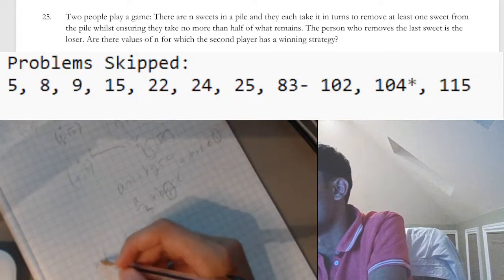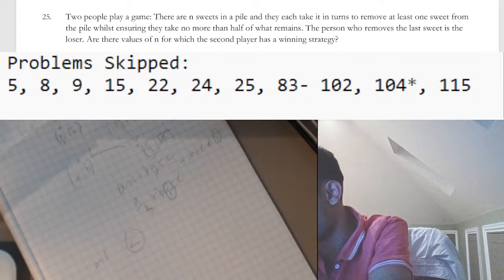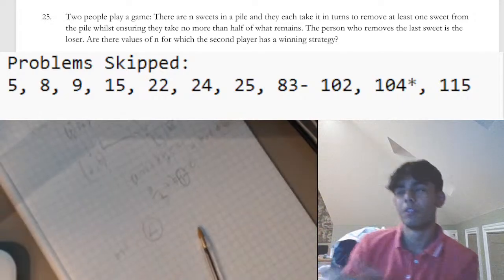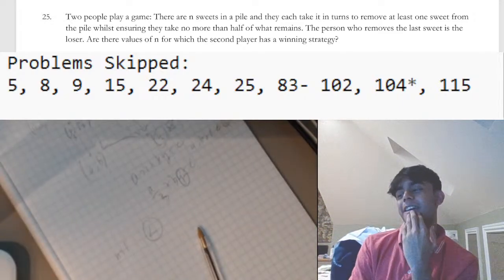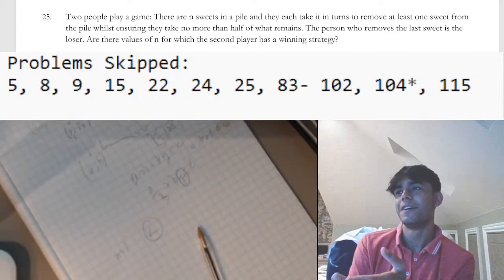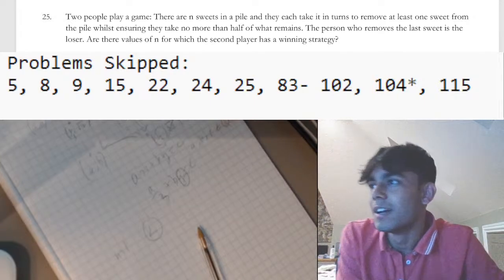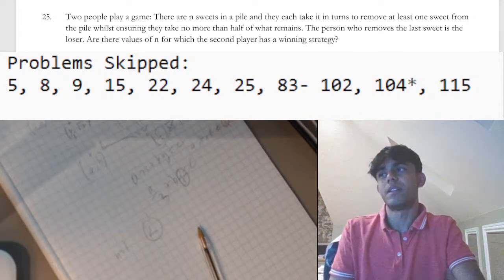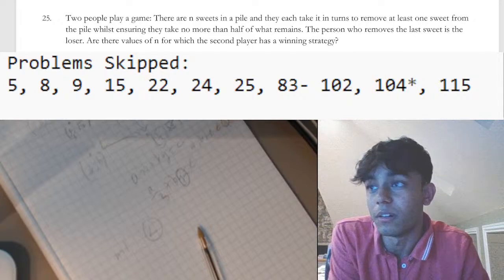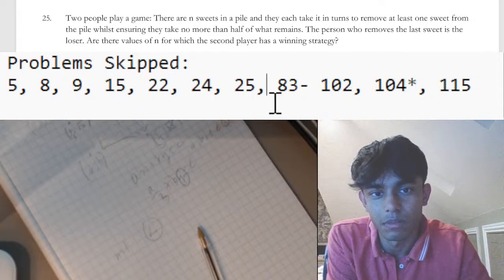For n equals one, the first player has to remove the first tweet, and so loses. So obviously there are values for n where the second player has a winning strategy. I don't know why I skipped this one.